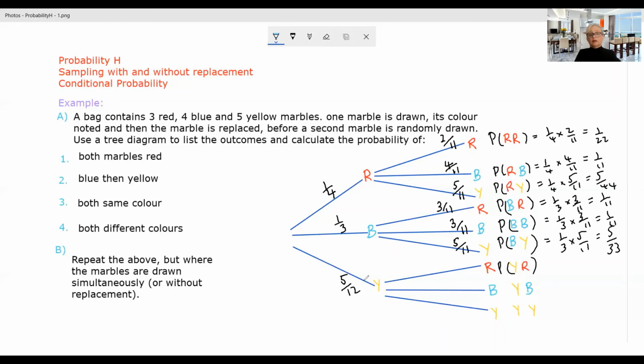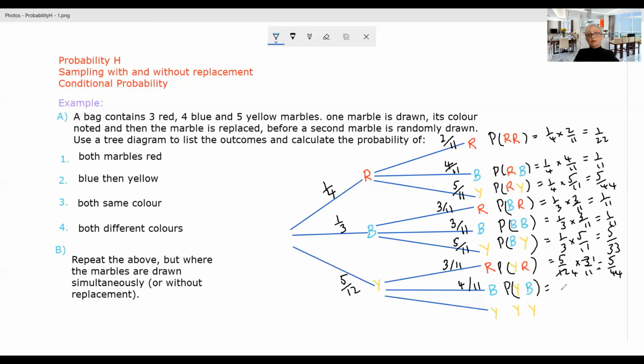Okay. If the first one is yellow, the probability that the second one is red is going to be, well, we've still got 3 reds left in there out of 11. So it's going to be 5 twelfths times 3 elevenths, which is, well, that will cancel with that. So we're going to get 5 on 44. If the first one is yellow, you've still got 4 blues out of your remaining 11.